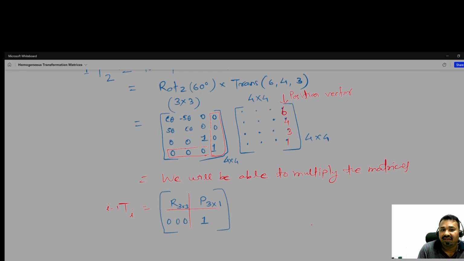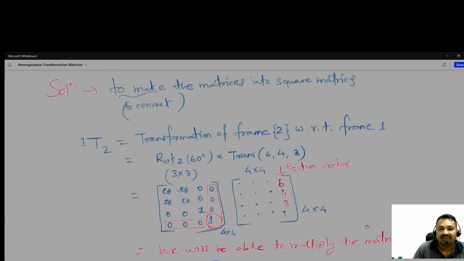But here it is a pure rotation about z. That's why the elements of the last column will have 0 except this corner one, this one. Okay? So in this way, what is the homogeneous transformation?